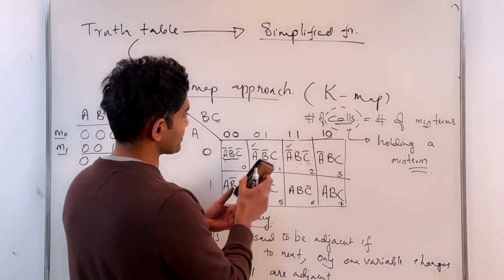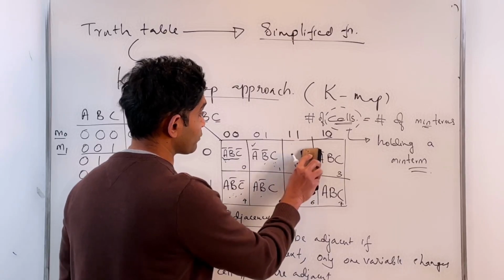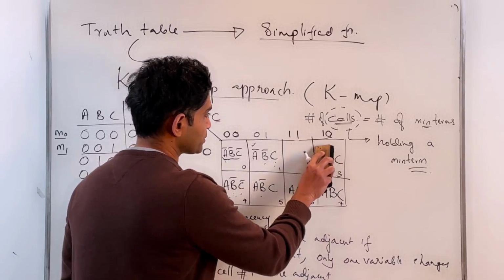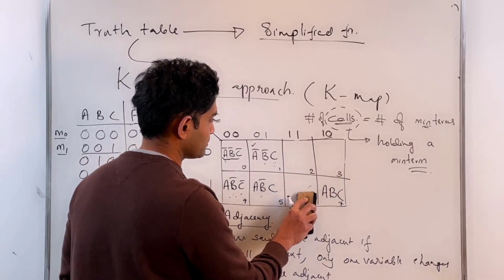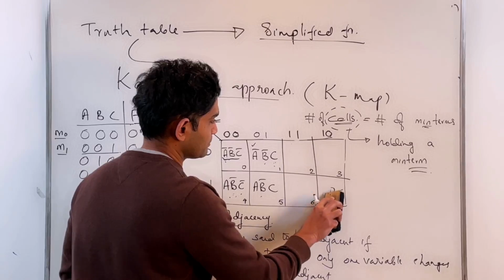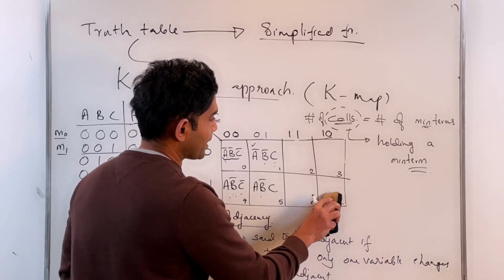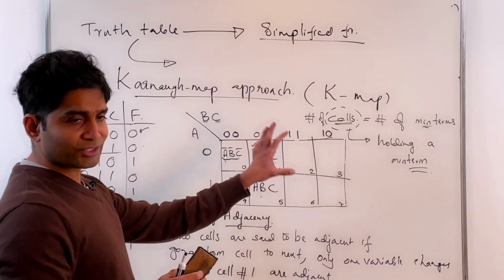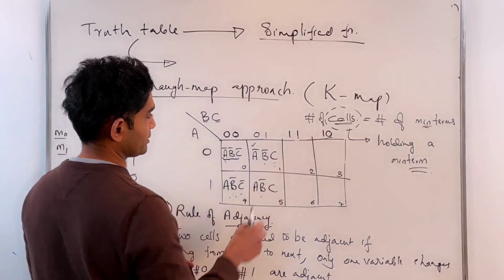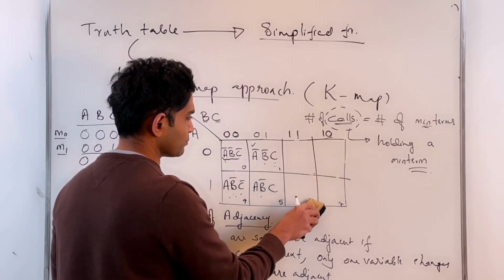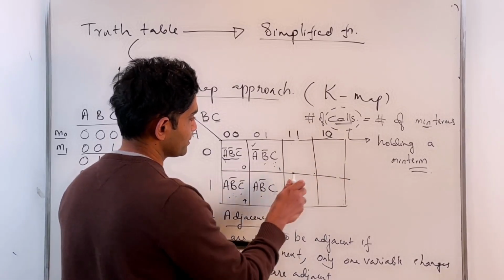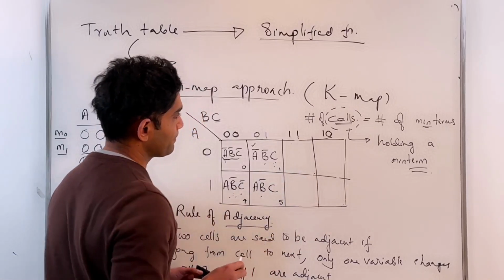When I do this, of course, the minterms corresponding to these four cells also get switched. And now they physically adjust. So doing that switch changes these numbers as well, of course. Those minterm positions change. Okay.